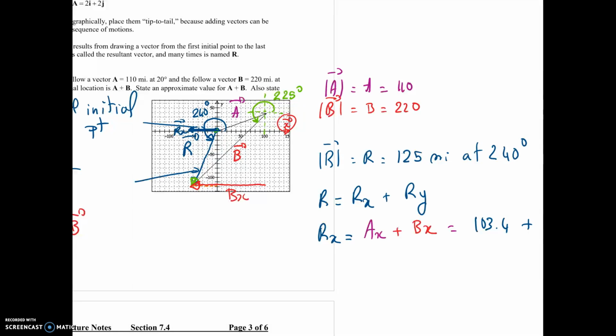Now, if I do the same thing for Ry, I can expect to have Ry being negative.